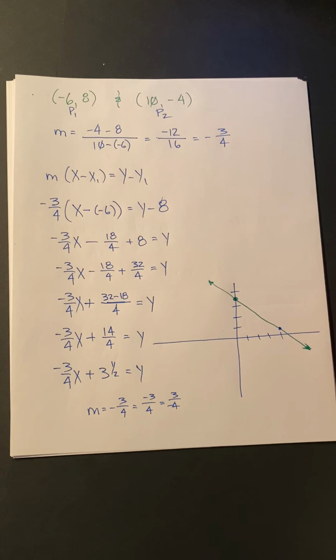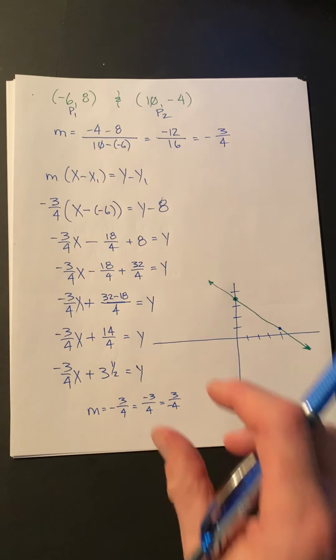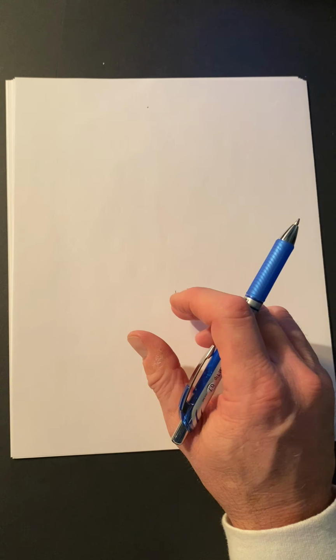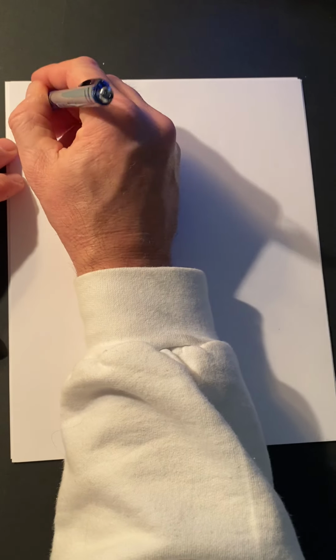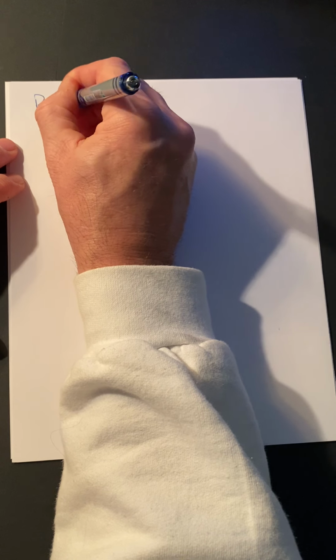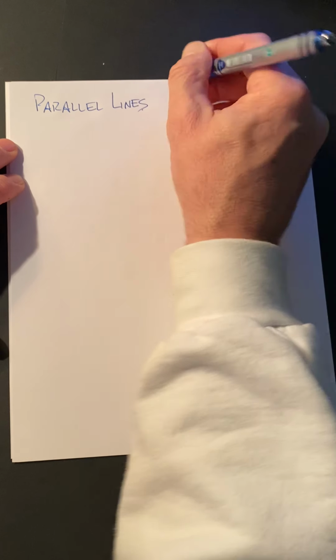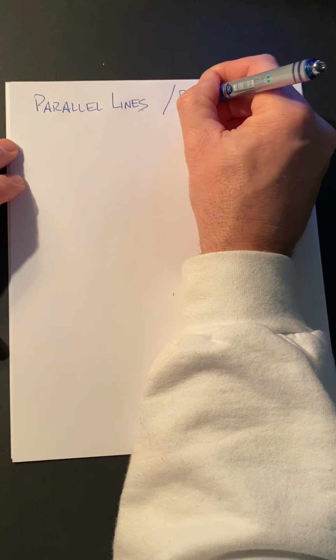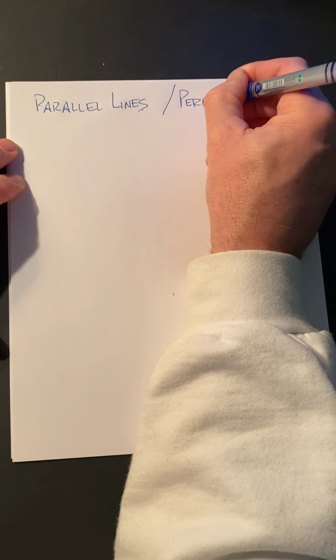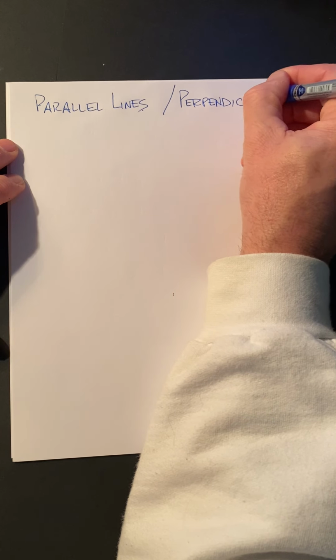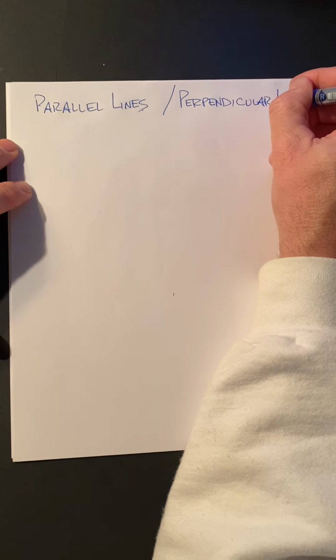So these are characteristics you need to be aware of, because that will help you check your work. So just a few more things to wrap up on this lesson, and those are the topics of parallel lines and perpendicular lines, because there are some properties here that we need to know.